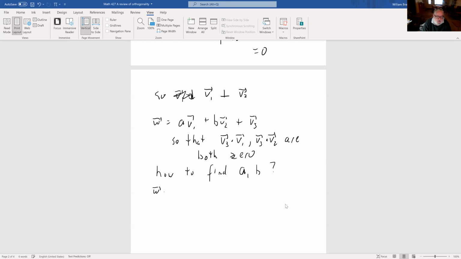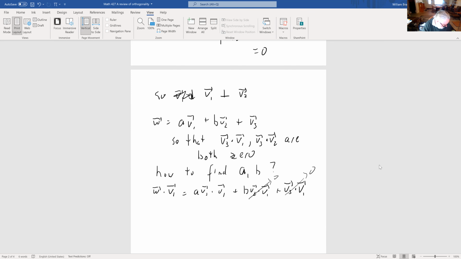Well, W dot V1 is A V1 dot V1 plus B V2 dot V1 plus this third vector V3 dot V1. Since V3 is perpendicular, this is 0. This is 0 because we already calculated. So W dot V1 is A times V1 dot V1.